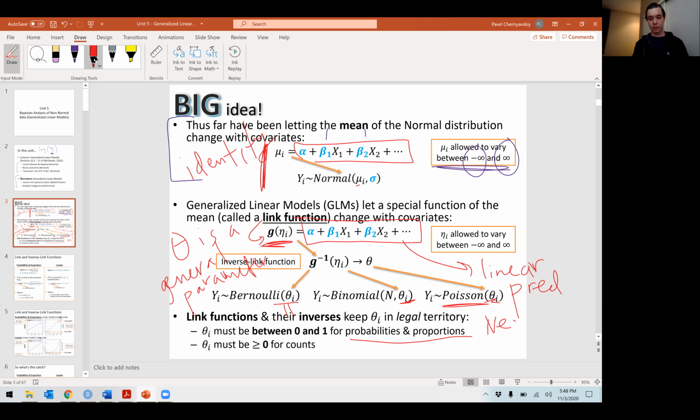On the bottom, we take our linear combination of alphas and betas and x's, feed it through a special function called the link function, and then through the inverse link function, plug it into the various distributions on the legal scale.